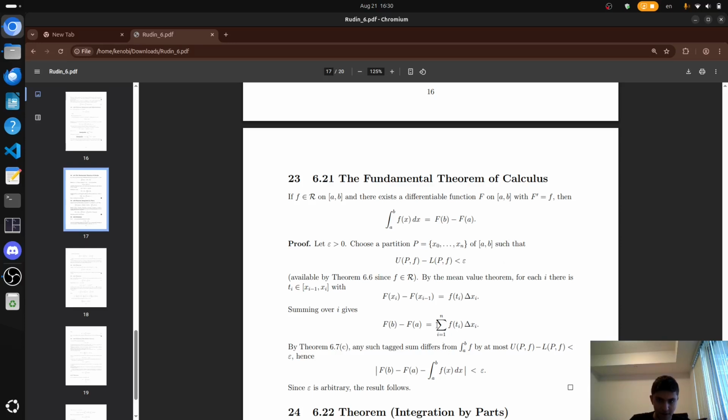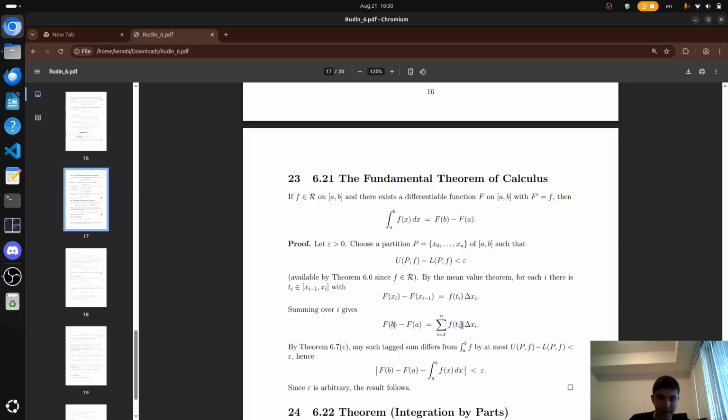Because you can let the partitions become smaller and smaller, or choose a partition which gives you that this is actually the integral. So if this is the integral, then yeah, exactly.